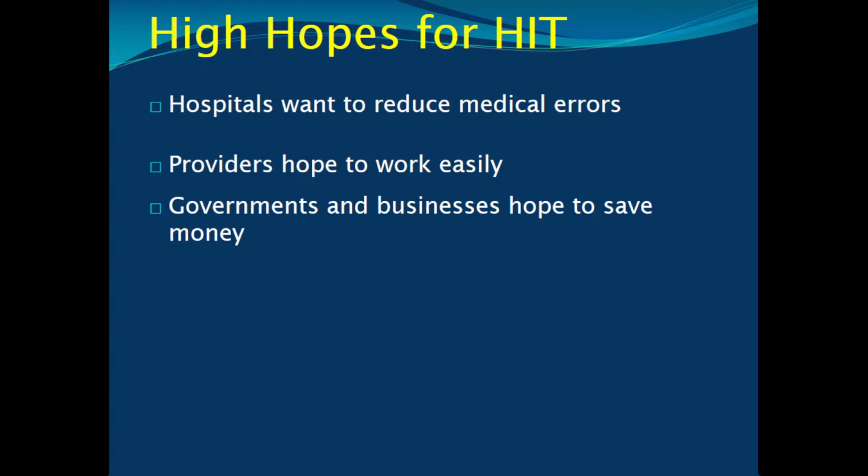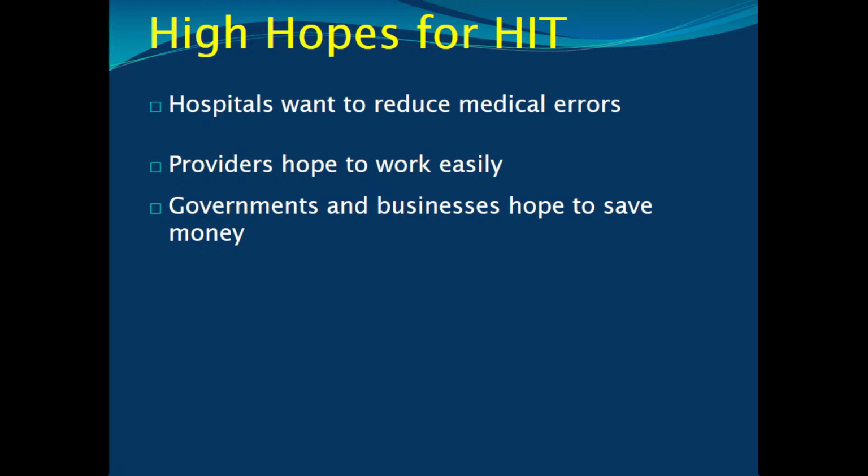Many participants have high hopes for health information technology. Hospitals hope to reduce medical errors, such as ordering and administering the wrong dose of medications. Providers hope to access and share patient information more easily, thereby improving care.